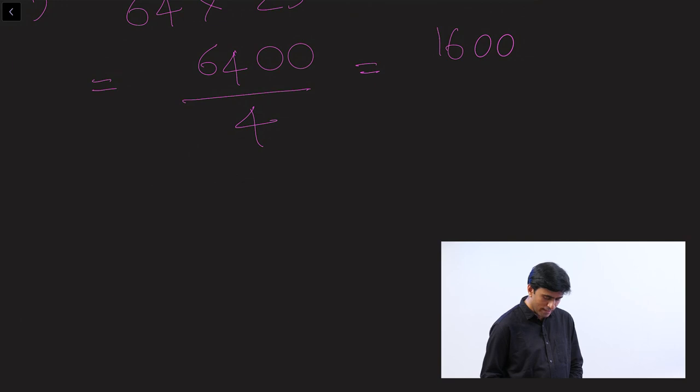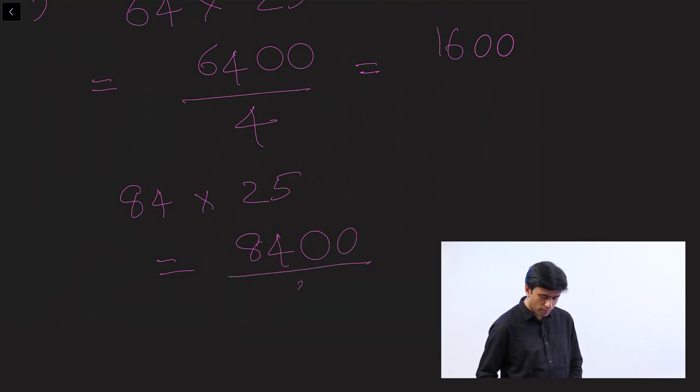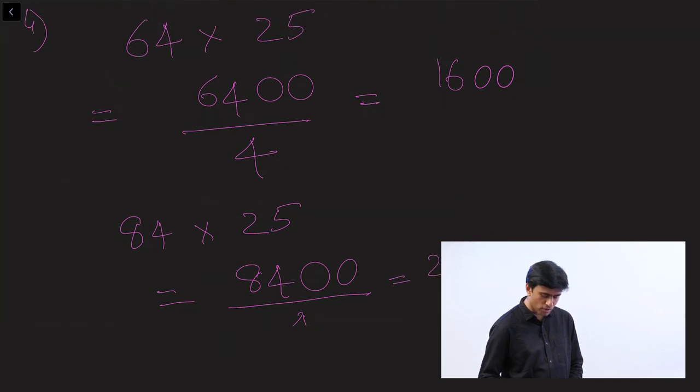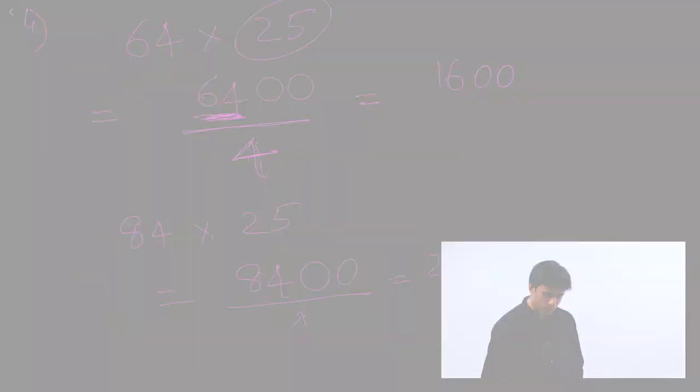How about 84 into 25? 84, place 2 zeros and divide by 4. That becomes 2100. So remember, when you have to multiply a number with 25, all you need to do is place 2 zeros to the number and divide it by 4.